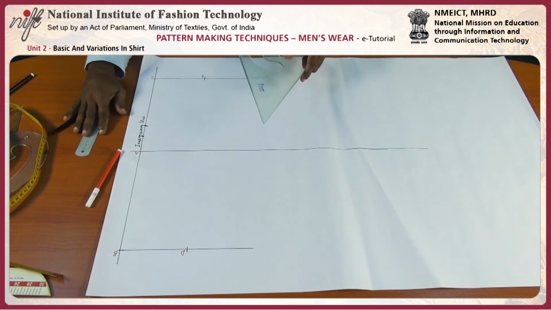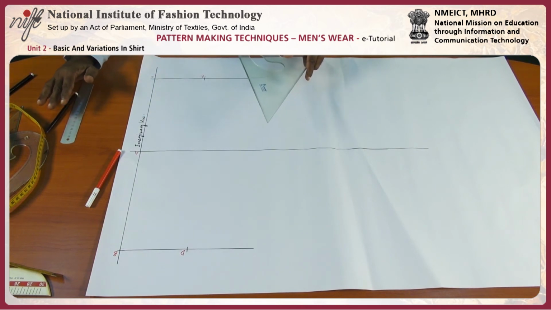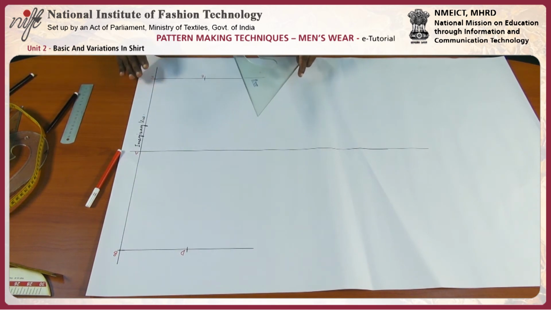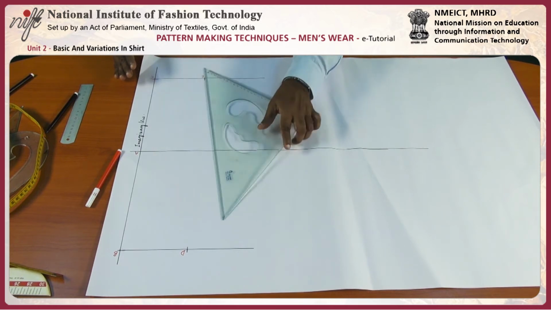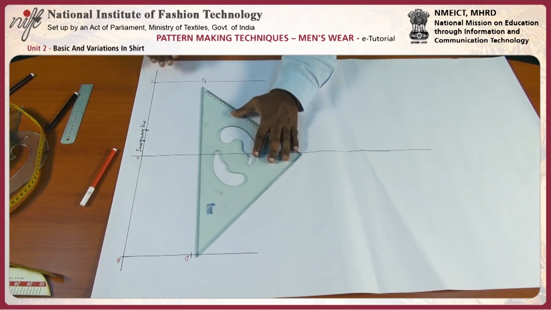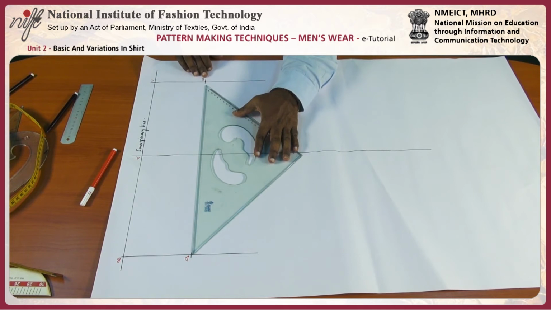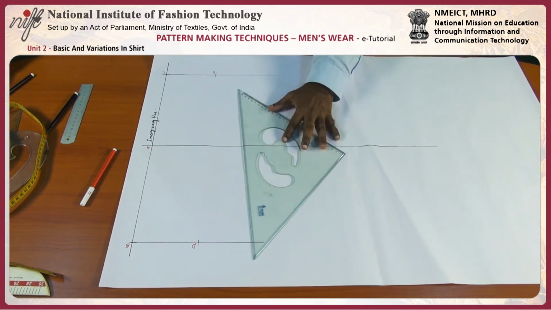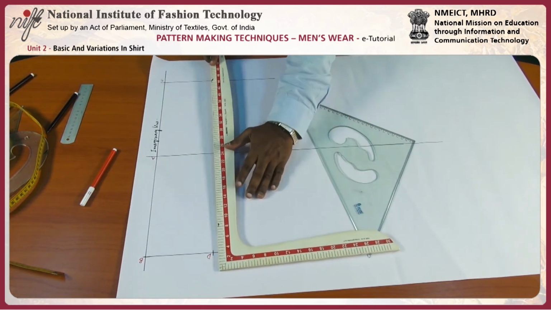Draw a straight line from point D to point F. D and E can be joined.